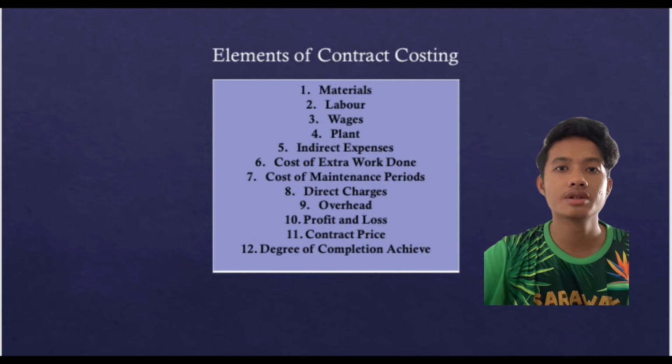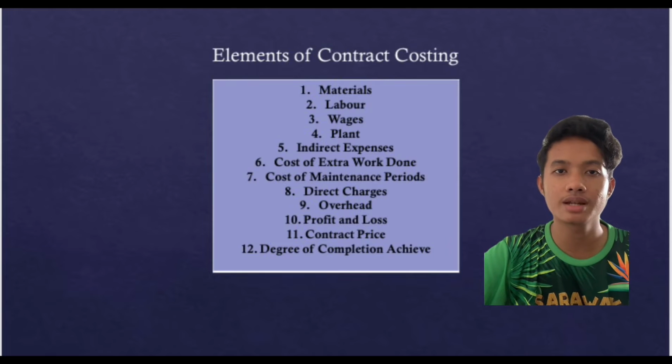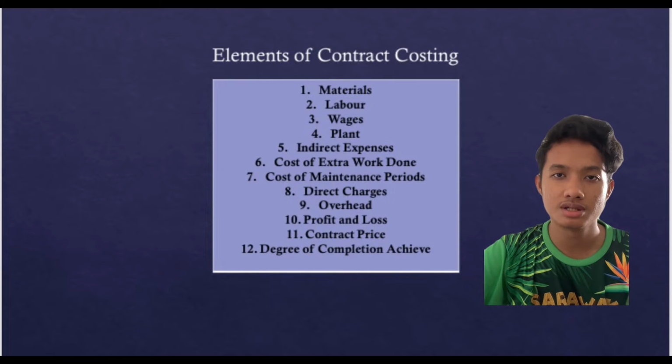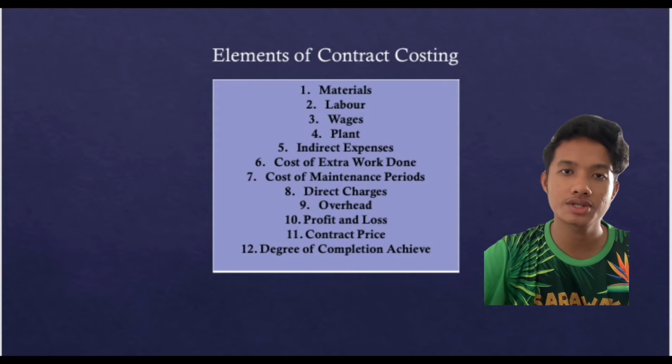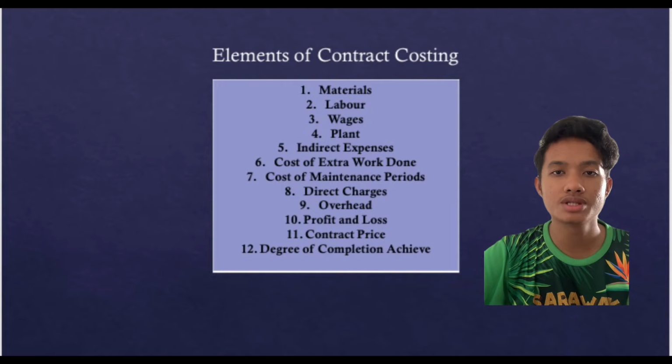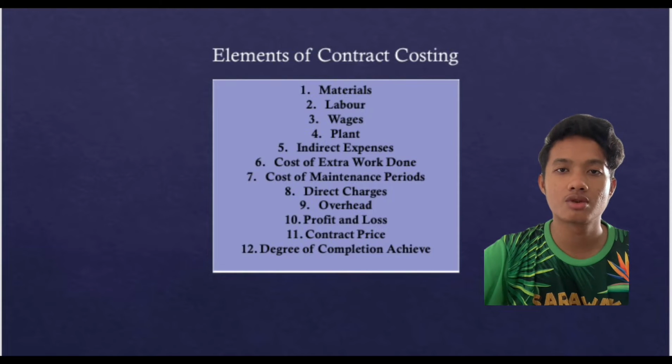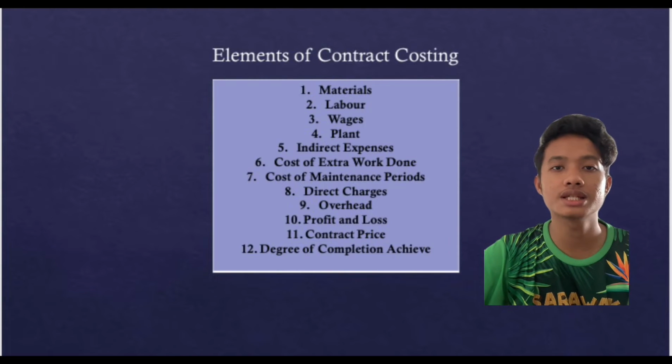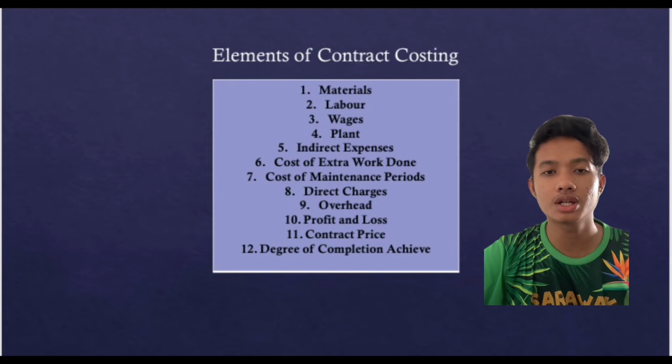The first is material, the second is labor, the third is wages, the fourth is plant, the fifth is indirect expenses, the sixth is cost of extra work done, the seventh is cost of maintenance periods, the eighth is direct charge, the ninth is overhead, the 10th is profit and loss, the 11th is contract price, and lastly is degree of completion achieved.